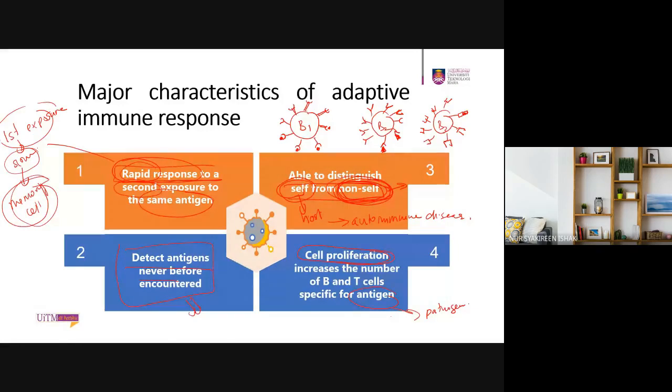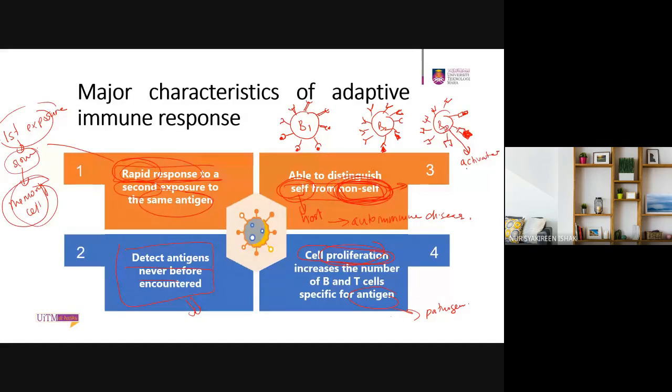Let's say your body is attacked by a pathogen that has a square antigen. Okay, so this third B cell will be activated. Once it is activated, it will proliferate. What does proliferate mean? It will divide into many copies, many cells of this B cell 3.